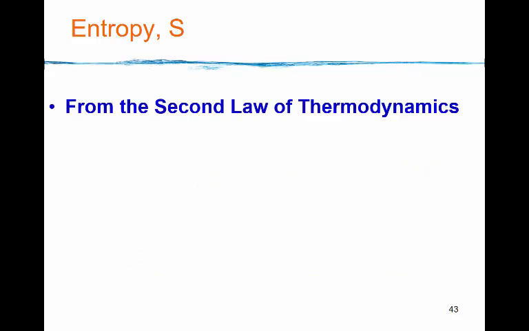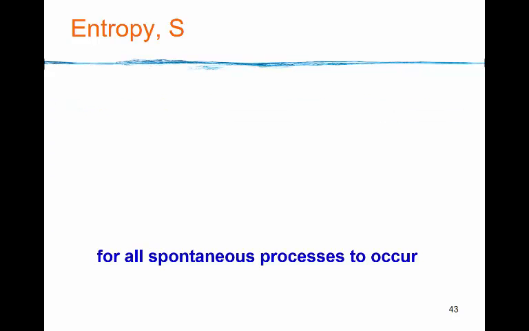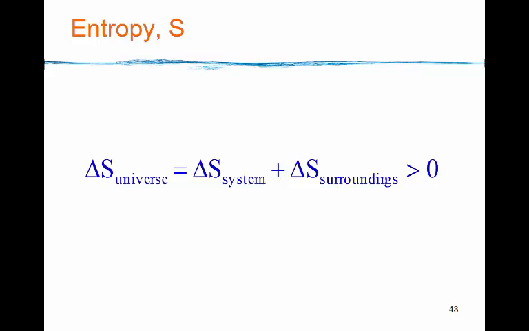All right, so from the second law of thermodynamics, for all spontaneous reactions to occur, the entropy of the universe is going to equal the entropy of the system plus the entropy of the surroundings. And these two things, in order for it to be spontaneous, need to be greater than zero.